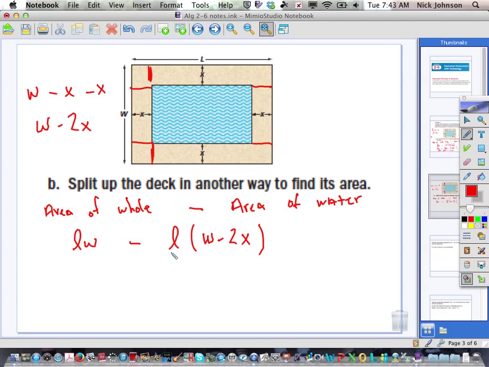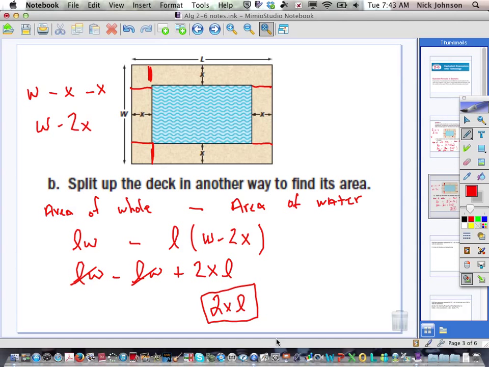And if I distribute this out, LW minus a negative L times W is a negative LW. A negative L times a negative 2x is a positive 2xL. Once again, if you notice, my LWs are divided out, and the area of what I'm trying to find is going to be 2xL.